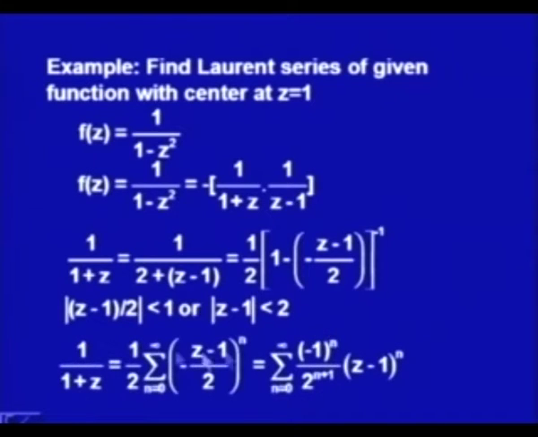So, to do this we write 1 upon 1 plus z is equal to half of summation of minus z minus 1 divided by 2 raised to power n, n takes values from 0 to infinity. So, we have expressed this in compact form, and this way we will simplify it to be n is equal to 0 to infinity summation minus 1 raised to power n upon 2 raised to power n plus 1, and here we have z minus 1 raised to power n.